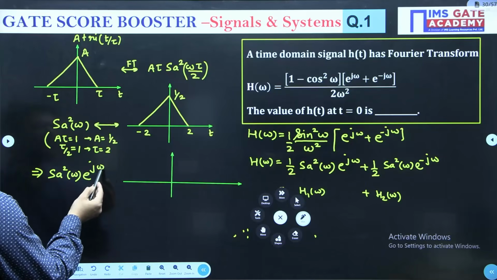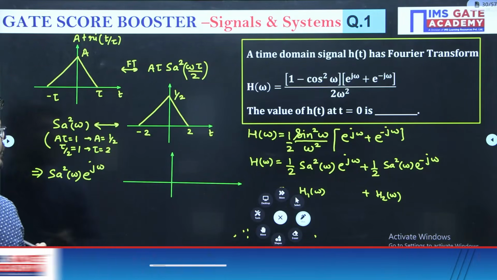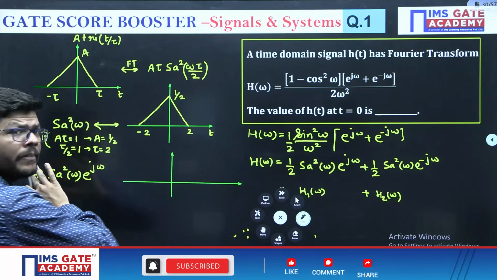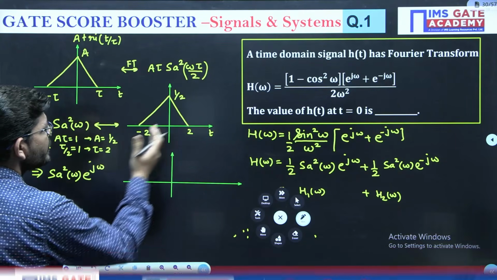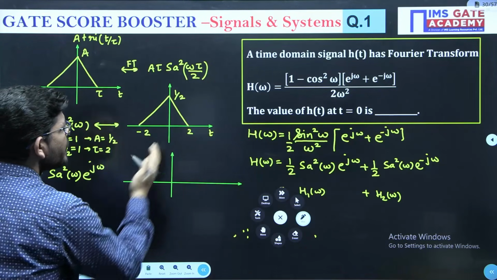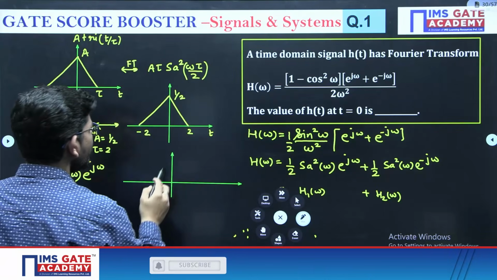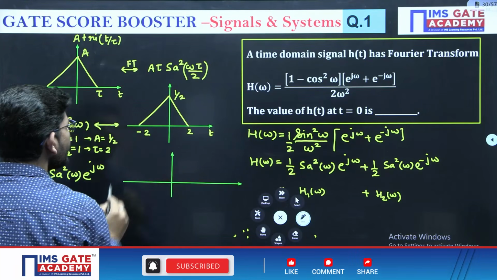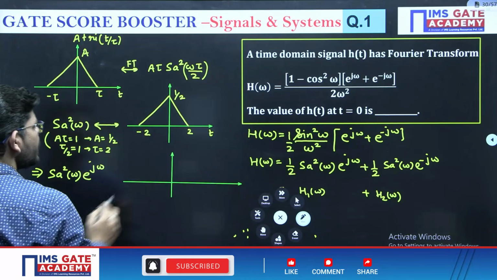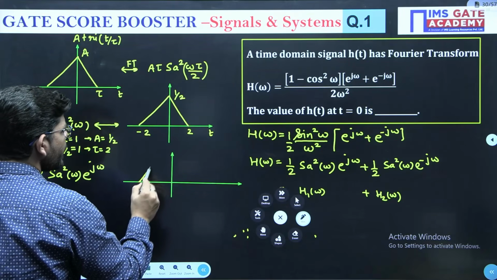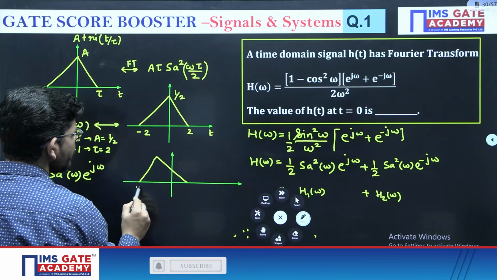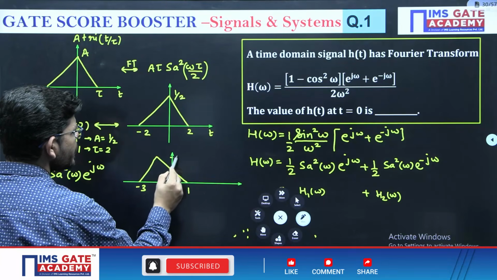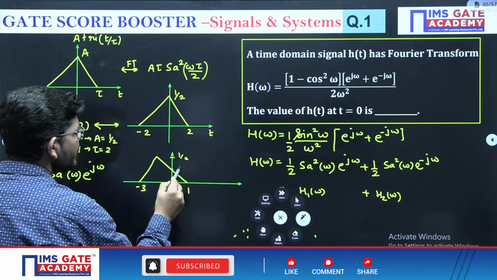Just see, e^{jωt0}, so t0 value is 1 here. The positive power is there, so we will shift by +1. If you shift this signal by +1, -2 will become -3 and 2 will become 1. So you will get something like this: this will become -3, this will become 1, with peak 1 by 2.